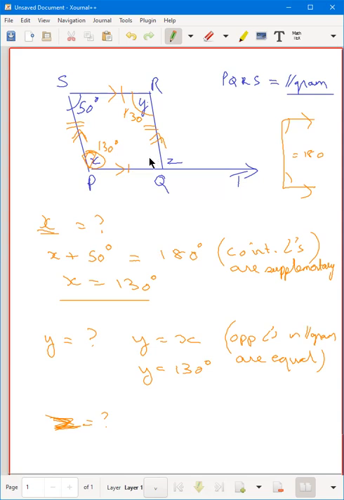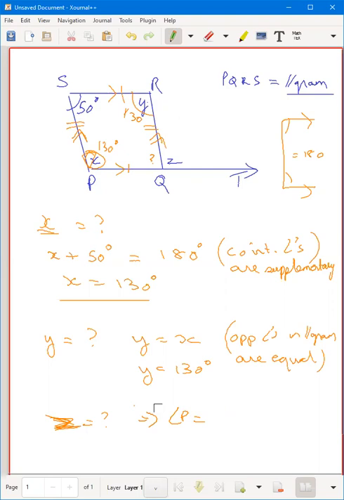What will this angle become? Angle P will be equal to angle Q? No, sorry, yes, angle P will be equal to angle Q. Is that correct? You're agreeing with me? If I give you a wrong answer, you will agree.